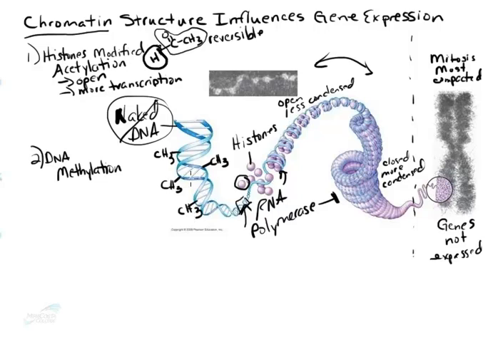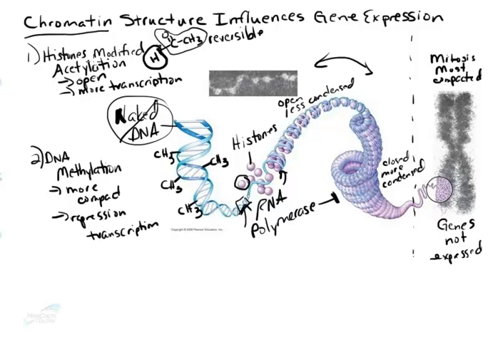And by adding those methyl groups on, that takes the chromatin into a more compact, more condensed state, and tends to repress transcription because of it. So more tightly compacted chromatin leads to repression of transcription.